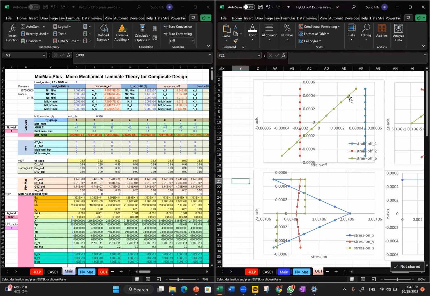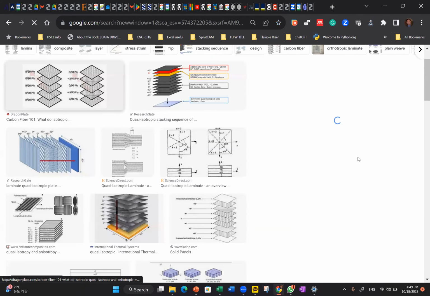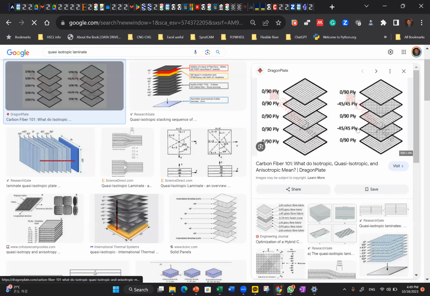So another very important sequence is, let's say, the quasi-isotropic laminate. Quasi-isotropic laminate. What does it mean? This is a very typical quasi-isotropic layup on the left: 0, 90, minus 45 and plus 45.